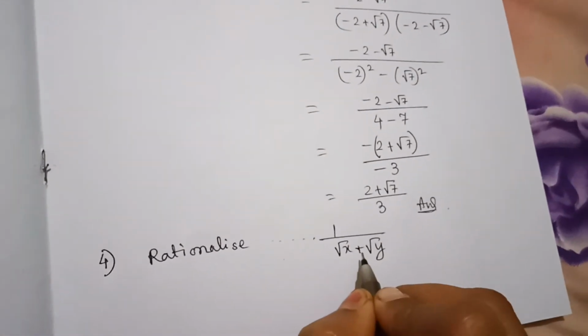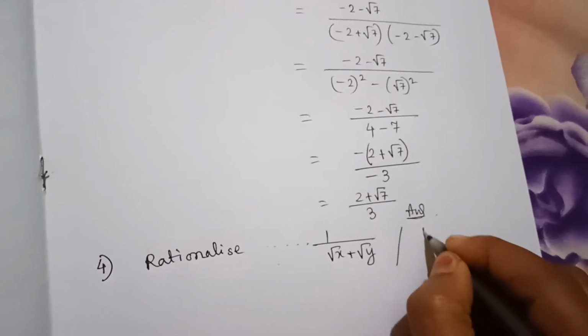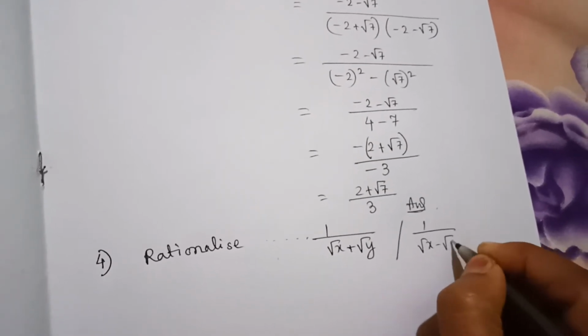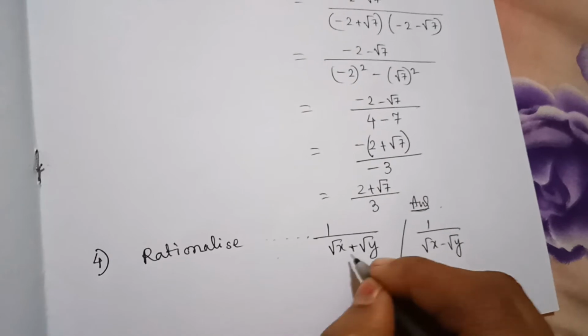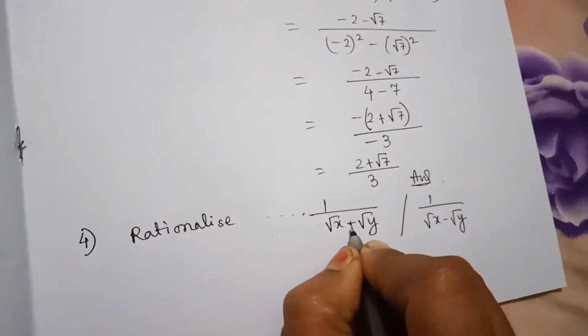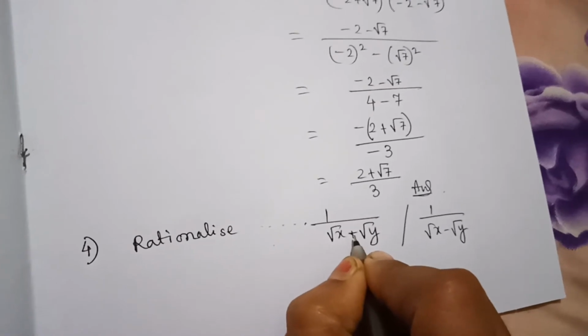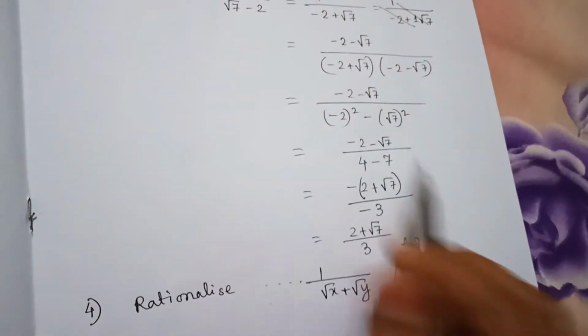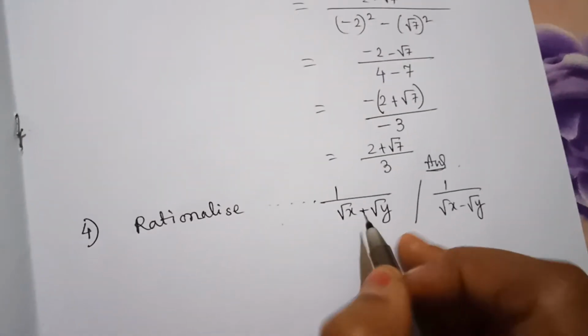It can be given as 1 by root x minus root y. It can be plus or minus anything, but whatever we have here in the question, we will just multiply like the previous one with the opposite sign.